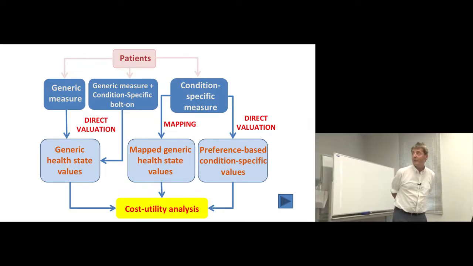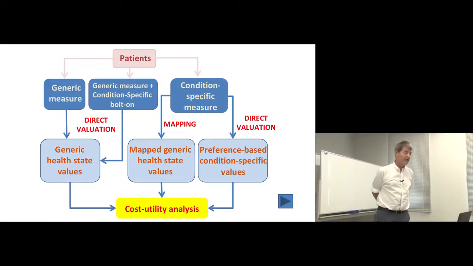And so an attempt has been made to take those additional dimensions and bolt them on, add them on to the generic measure. But as I say, this is not very commonly done. It does have a lot of problems associated with it. So I won't be spending a lot of time on that.